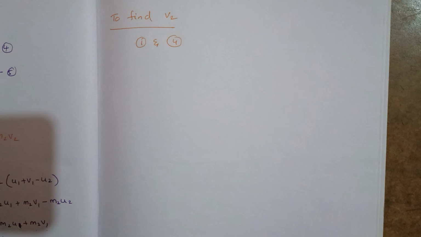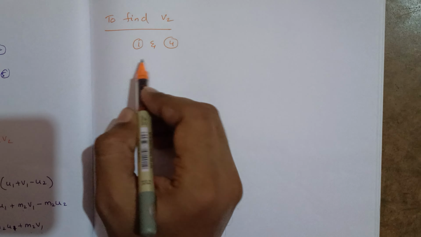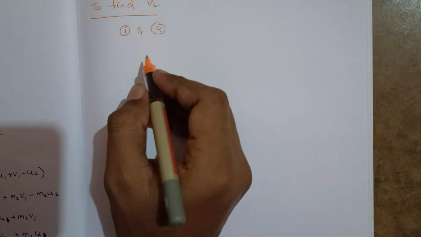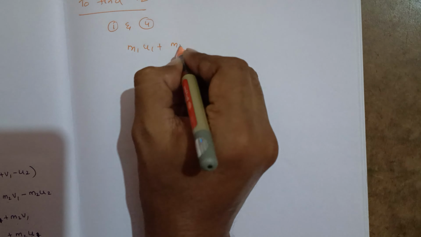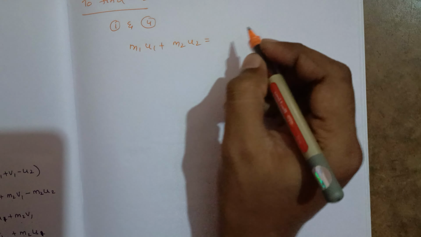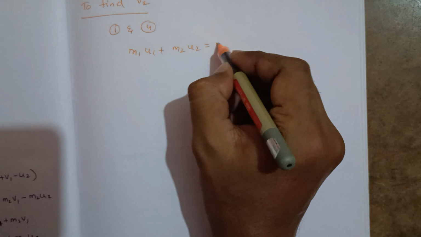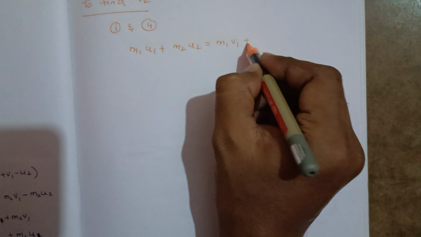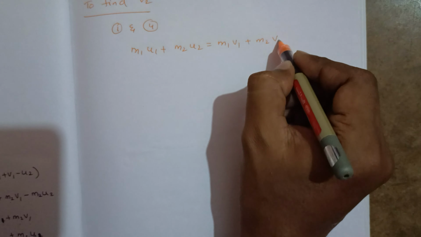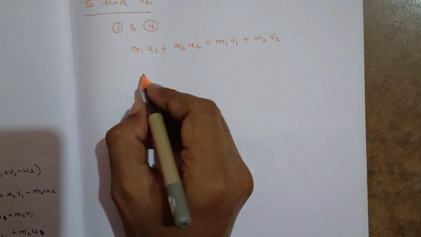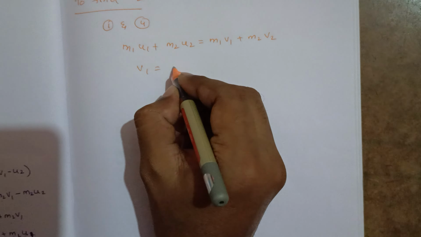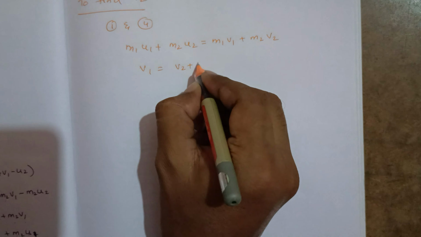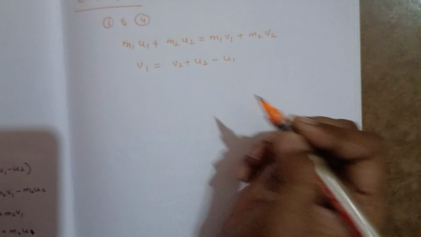Now to find v2, we will take equation 1 and 4. What is equation 1? m1 u1 plus m2 u2 equal to m1 v1 plus m2 v2. Now equation 4 is v1 equal to v2 plus u2 minus u1.